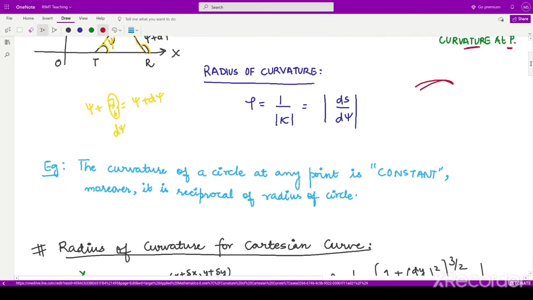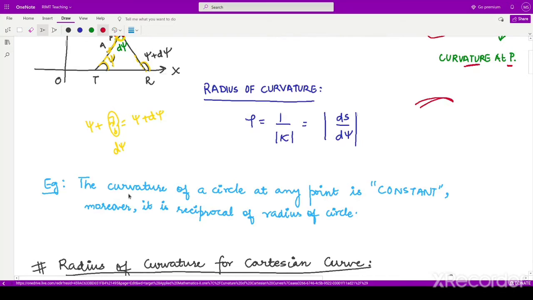A very nice example of this curvature is, do you know what is the curvature of a circle? For a circle we have the radius as a constant quantity. As the radius is a constant quantity, that means the curvature is not changing.